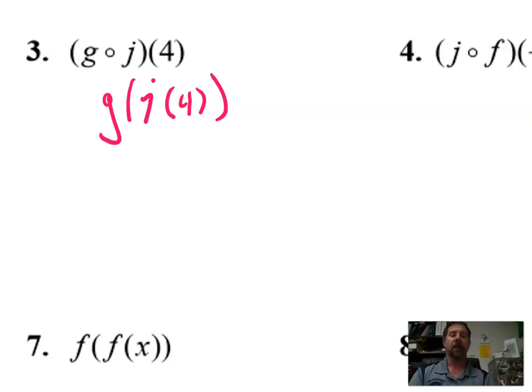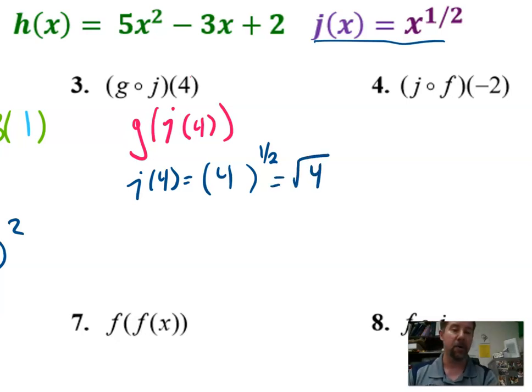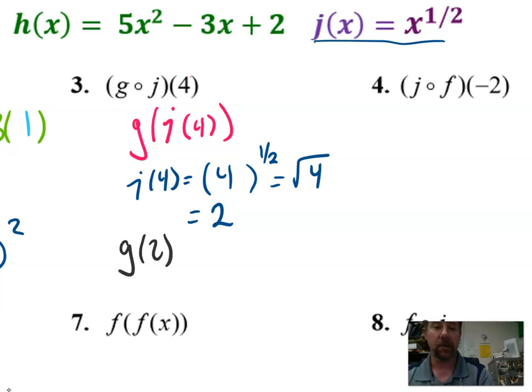All right? Now, if we're doing this, the first step is to go find j of 4. j is x to the 1/2, so parentheses to the 1/2, and I'm going to plug in my 4. And 4 to the 1/2 is the same thing as the square root of 4, which is 2. All right? So now I just need to go find g of 2.